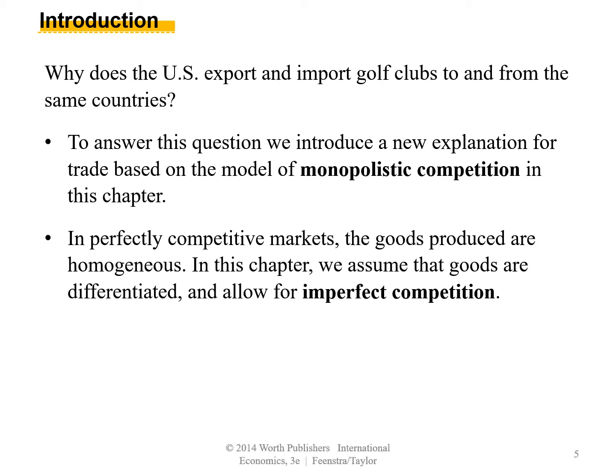So if we apply that to golf clubs, you can imagine that there are very high quality golf clubs, very expensive golf clubs, and there are cheaper golf clubs, and so forth. So imperfect competition is the way we're going to try to explain two-way trade in the same type of good.